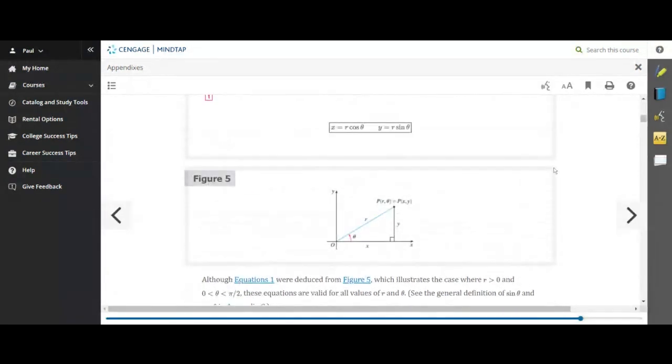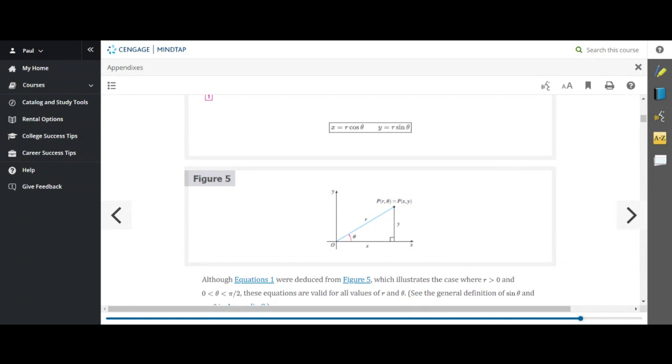And so, again, there's that standard picture there. You have that right triangle. So of course, x squared plus y squared equals r squared. That's the Pythagorean theorem. And then the tangent of theta is opposite over adjacent. So tangent of theta would be the y value over the x value. Okay, so we know that.